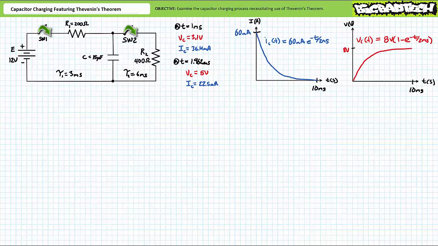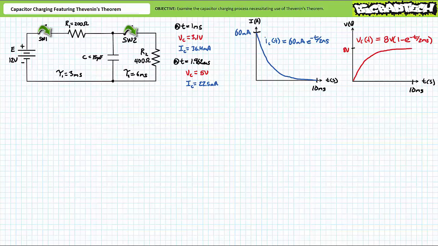That's it. We can now map these properties back to our original series parallel circuit. Given an initially uncharged 15 microfarad capacitor, when switch 1 and switch 2 simultaneously close at t equals 0, we'd observe identical behavior for the capacitor as that we observed using the Thevenin's equivalent circuit.